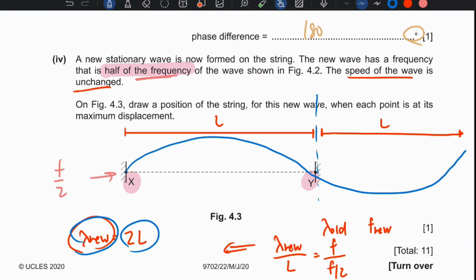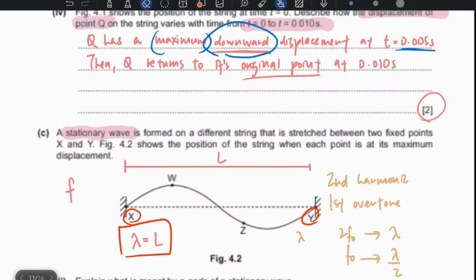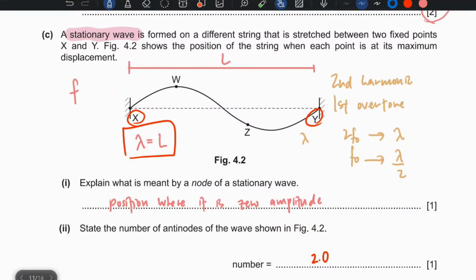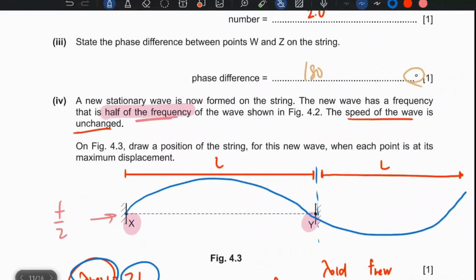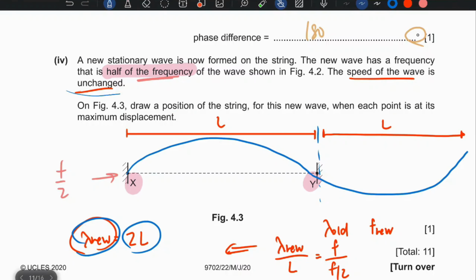Okay, so this is another way to approach this question. If you remember this was second harmonic, sure, go ahead and proceed with that. If you forgot, no worries, let's use what they give. They give that the speed of the wave is unchanged. We can use the fact that frequency is inversely proportional to wavelength, and you'll still get your answer. Make sure you know how to interpret the question and your formula properly. You should be able to get your answer.